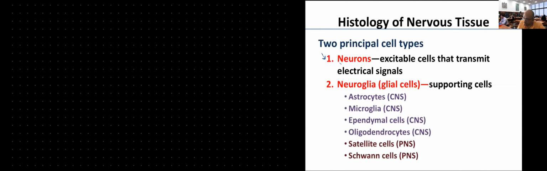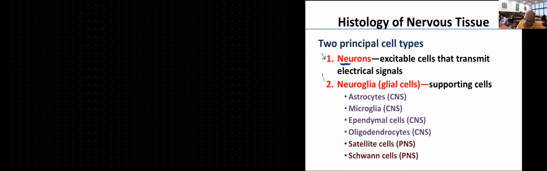Those are the neurons. They are highly specialized cells responsible for the conduction of the signals. And those neurons are amitotic. What do we mean by amitotic? They cannot divide. They are permanent cells. So you cannot regenerate. If a person loses a brain cell, it cannot be replaced.